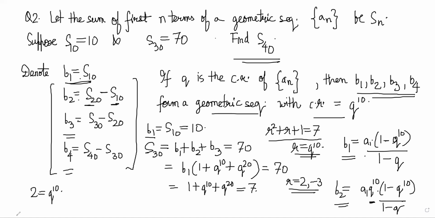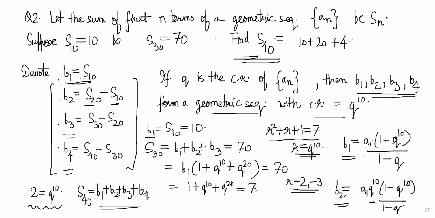And therefore, S40 is being asked here. That should be, if you think about it, B1 plus B2 plus B3 plus B4 is S40, right? Now, B1 was 10 and the common ratio of the B sequence is 2 because Q power 10 is 2. So S40 is simply 10 plus 20 plus 40 plus 80, right?